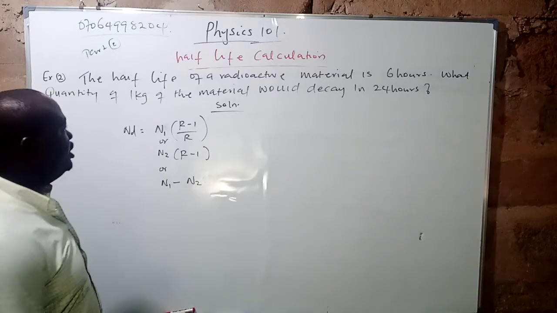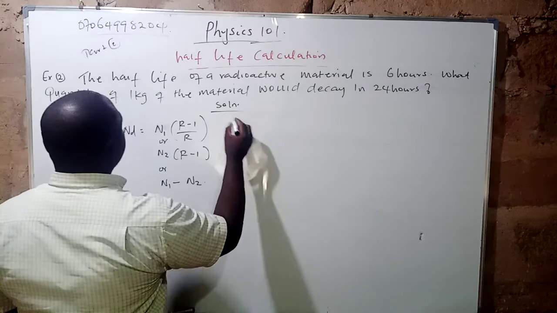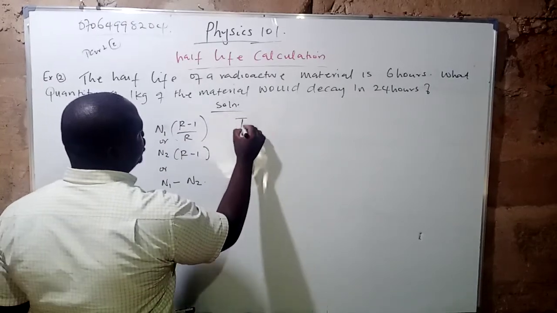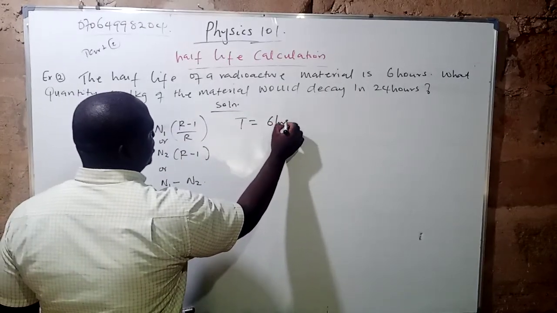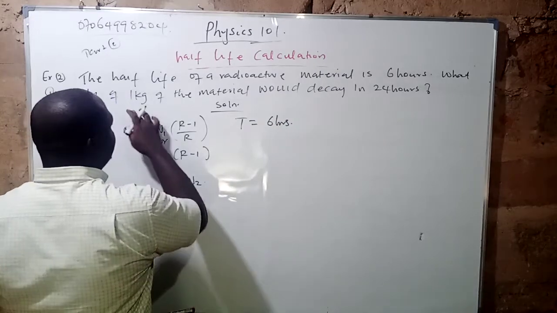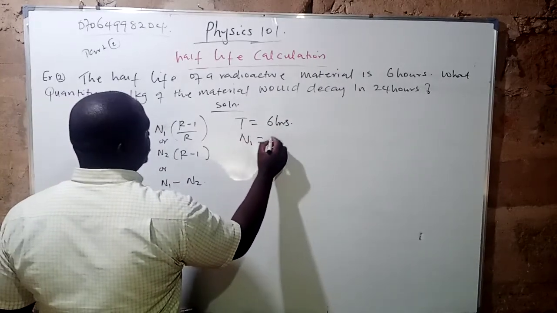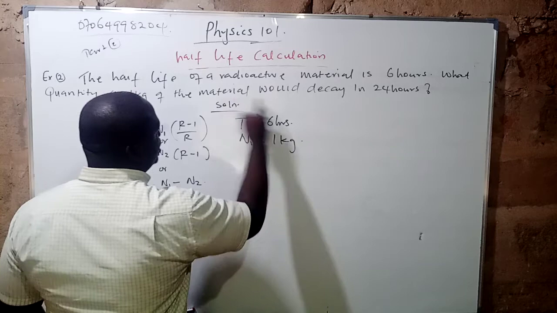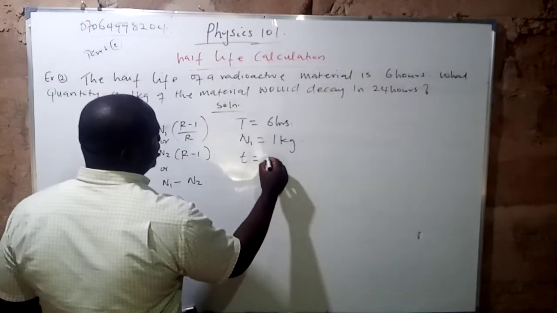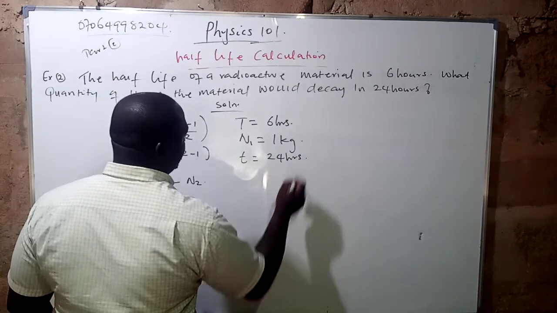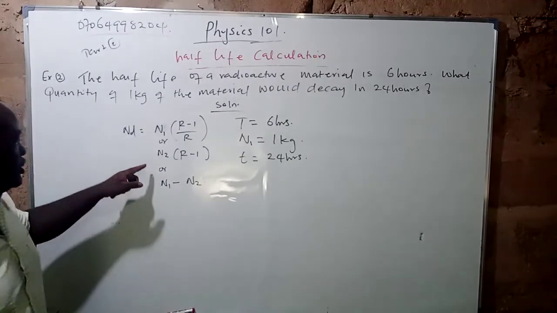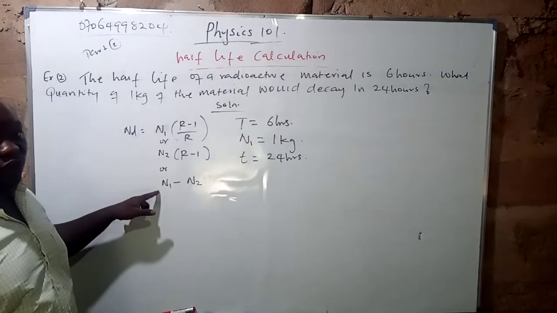In the question, you are given the half-life, which is a capital T, is 6 hours. They gave you N1, which is 1 kg, with decay, and then you have your t to be 24 hours. Can you see that you cannot use the second or third one? Why?